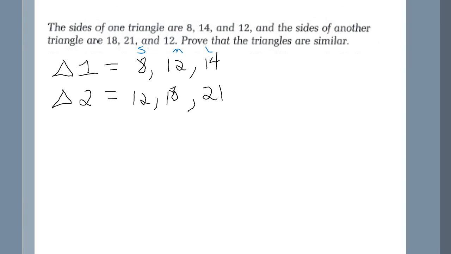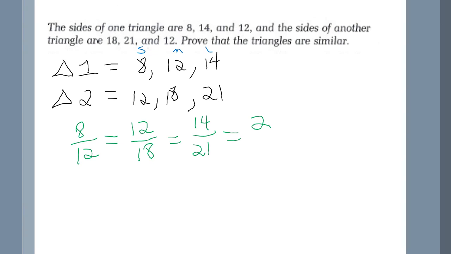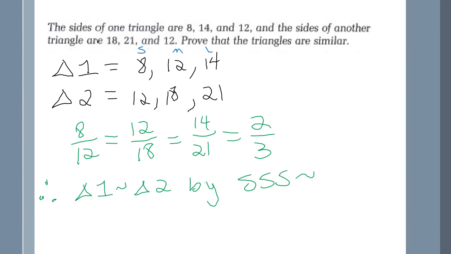If I can show that 8 over 12 is equal to 12 over 18 is equal to 14 over 21, which those are all equal because they all reduce down to 2 over 3. Therefore, triangle 1 is similar to triangle 2 by side, side, side similarity.